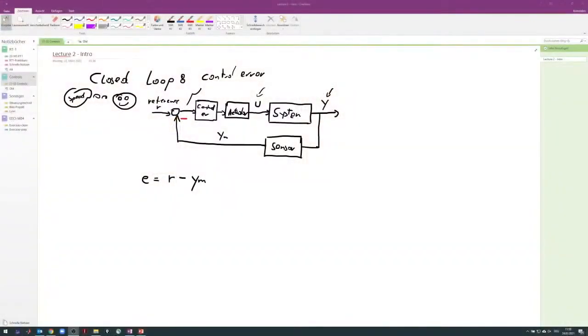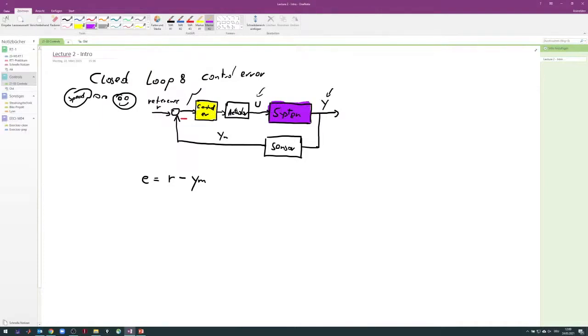Okay, for us it's important we have a system and we have the controller. Obviously the lecture name is control systems, so you're going to learn how to design controllers. But what we're going to do first is deal with systems, because control design, as I said last time, is basically a mathematical job.